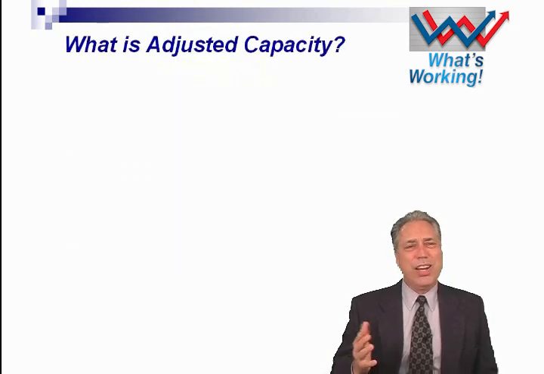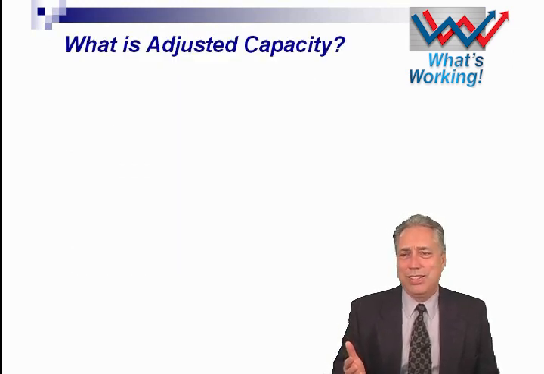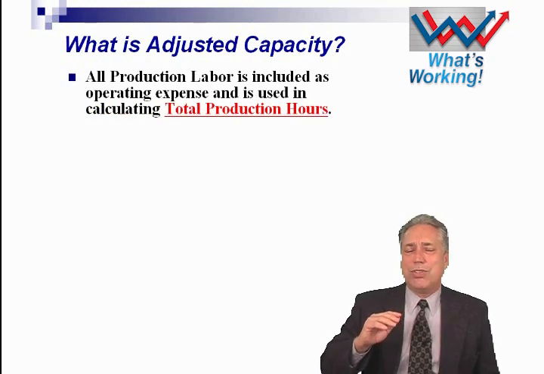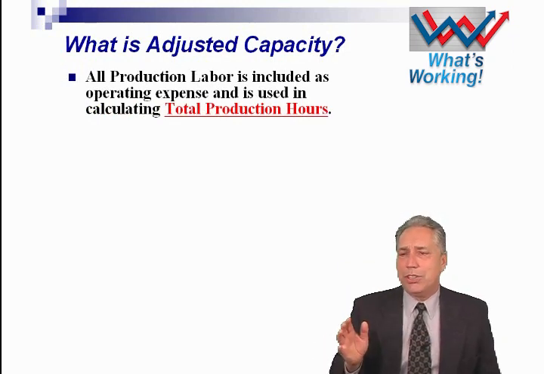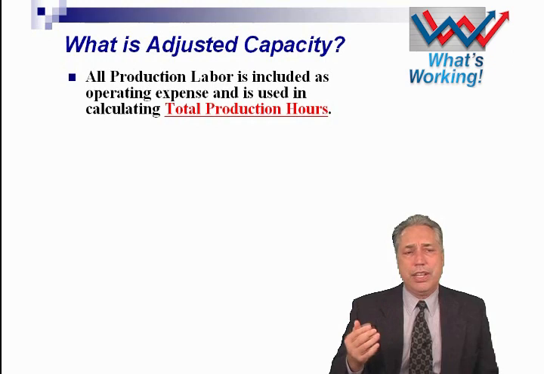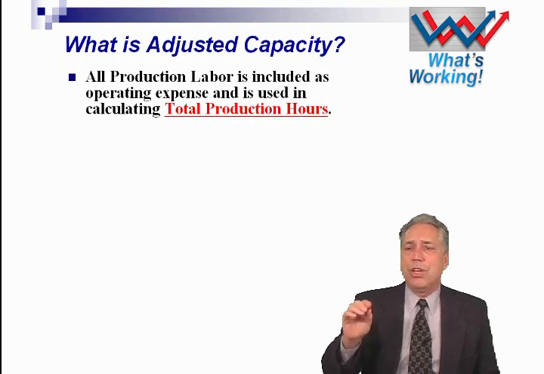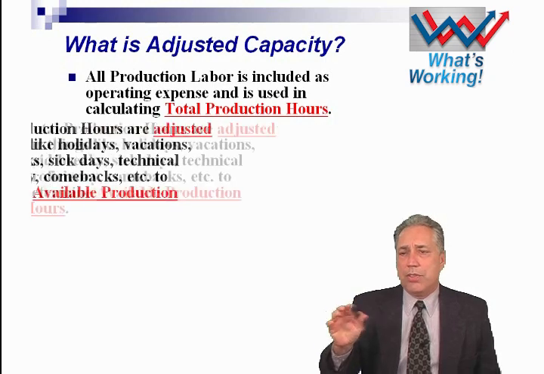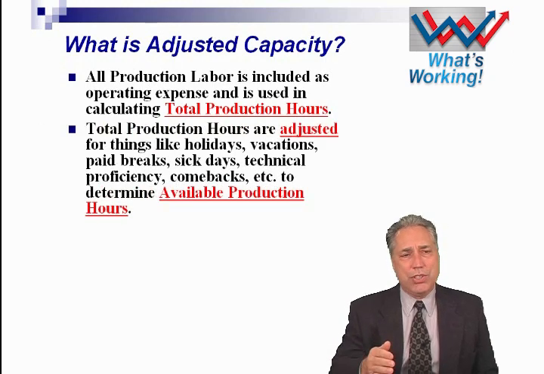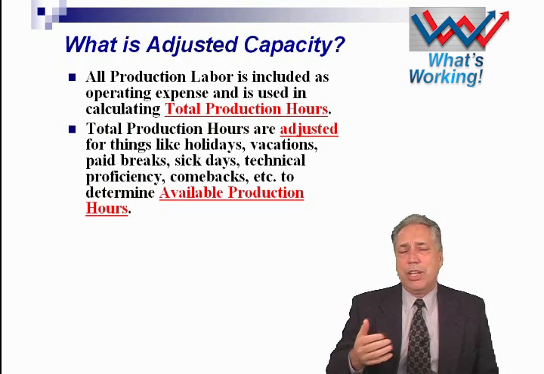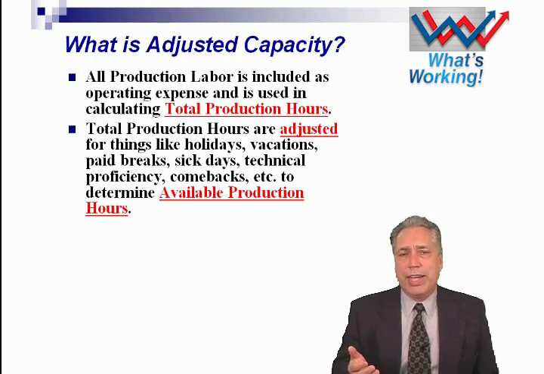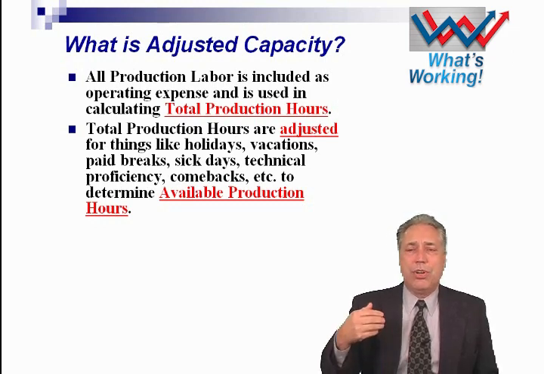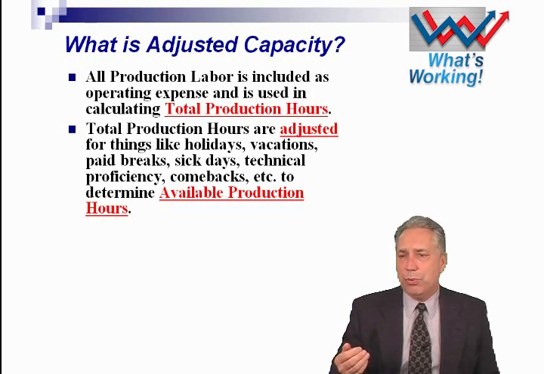Adjusted capacity. What is adjusted capacity? Well, adjusted capacity is determined by taking all the production labor, and we include it in the operating expense, and it's used to calculate the total production hours. Now, the total production hours are then adjusted. Just because somebody comes to work 40 hours a week doesn't really mean that they're available for 40 hours to do work.